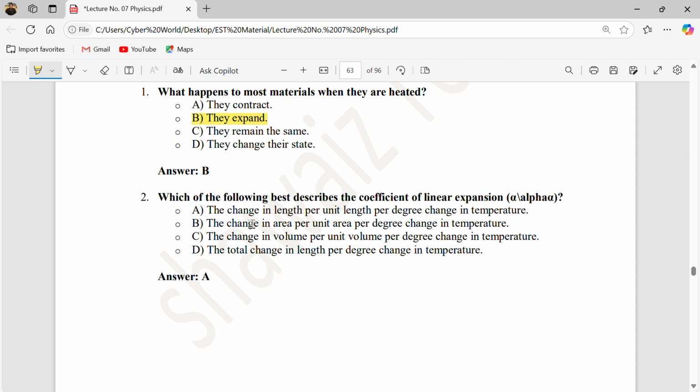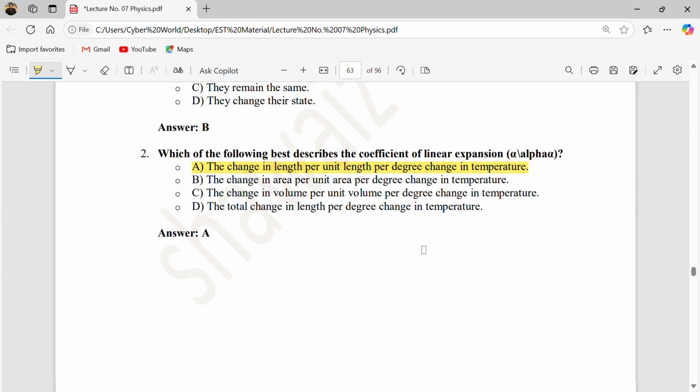There is no change in area; that would be area expansion. And there is no change in volume; if the volume changes, then it is volume expansion. So the correct answer is A.